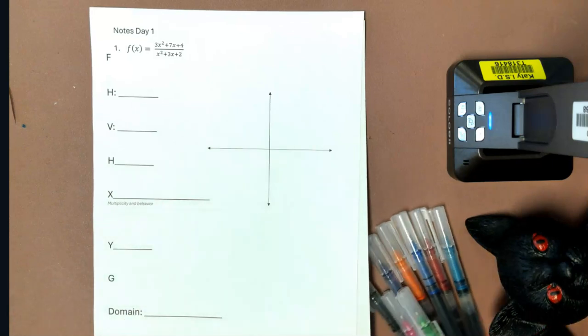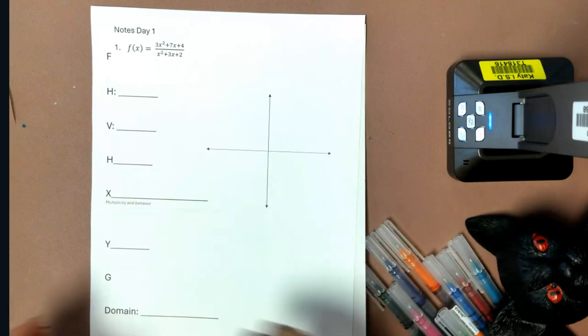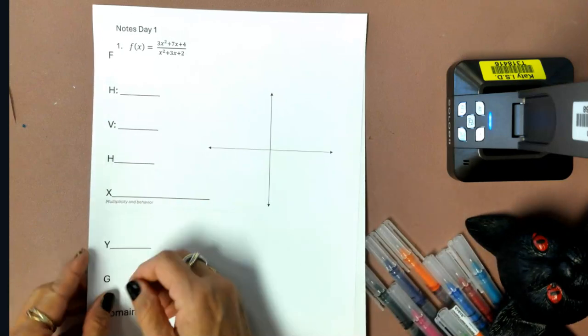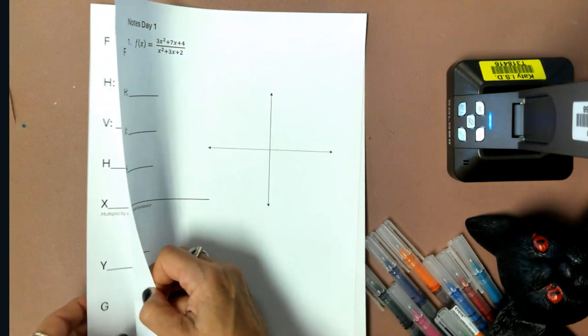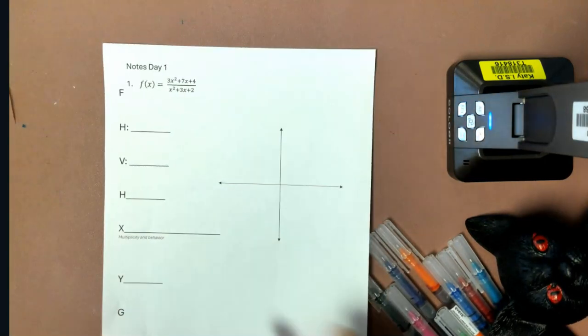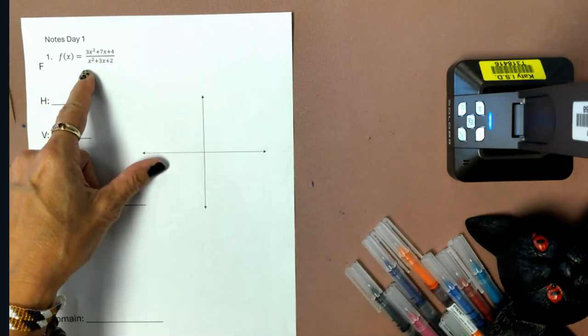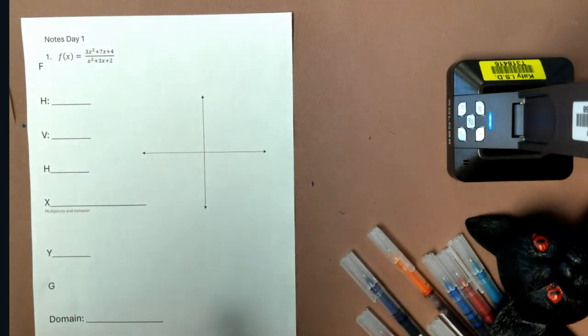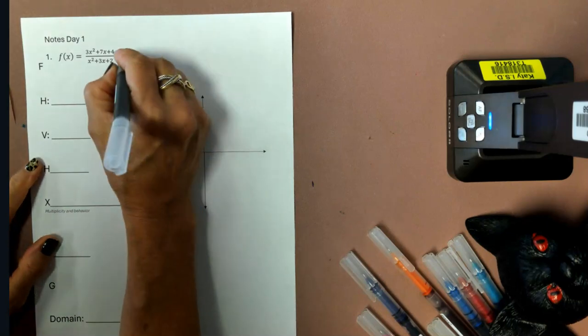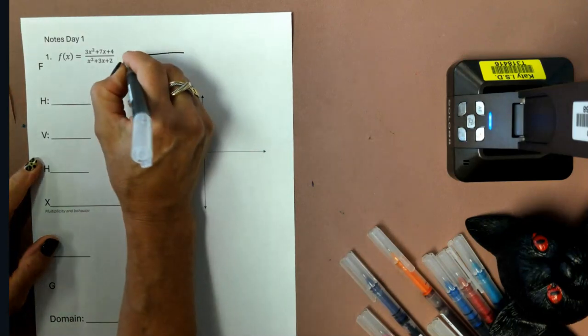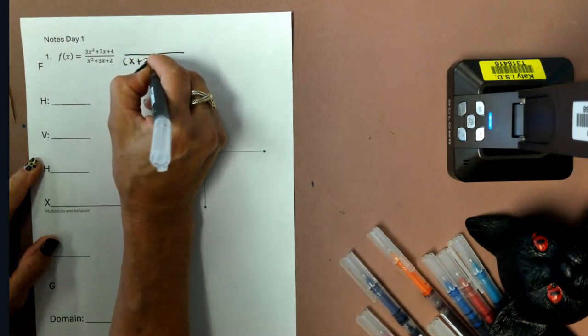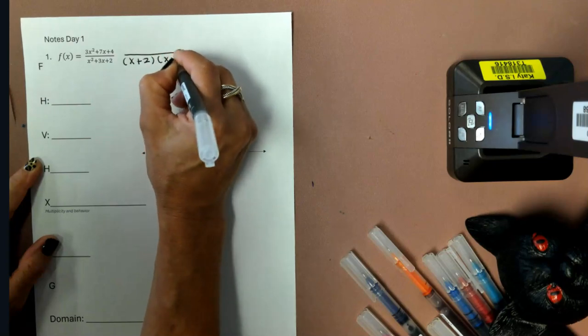Let's get started. So the first thing that we're going to do is factor. So we're going to factor the numerator and the denominator. The denominator seems pretty low level. I do not have an a value in the front. I'm going to go ahead and factor the denominator. So the denominator is going to turn into x plus 2 times x plus 1.